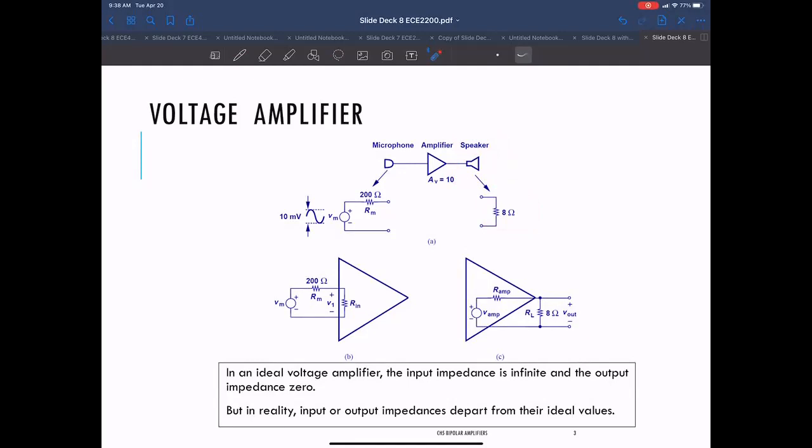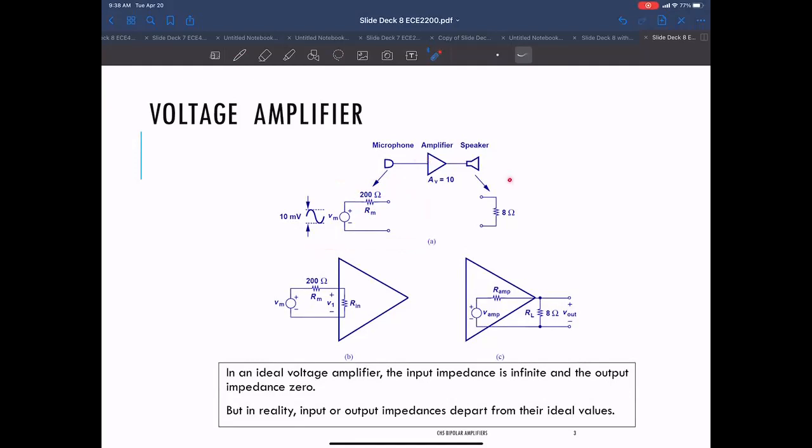So I'm generalizing here, but in an ideal world, you would like your source, whatever's driving the amplifier, to have a low resistance, because as you'll see, life would be a lot easier when designing an amplifier for its input resistance.